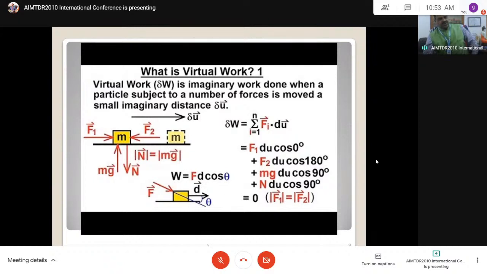If the force is applied vertically downwards, theta is 90 degrees. Or suppose the displacement is in the other direction, in the vertical wall, sliding down. See, this is how the virtual work is generally calculated for a rigid body. Here I have given a rigid body. Earlier I represented it with a particle, now it is a rigid body.